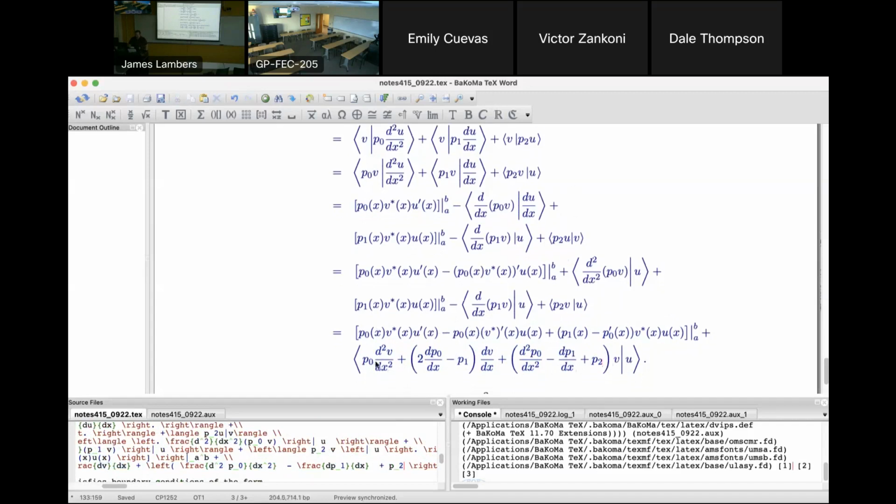Basically, what we're doing is we're trying to find out what is the adjoint of the original operator L, and then what it will take to make it equal L. And also, what about these boundary terms?